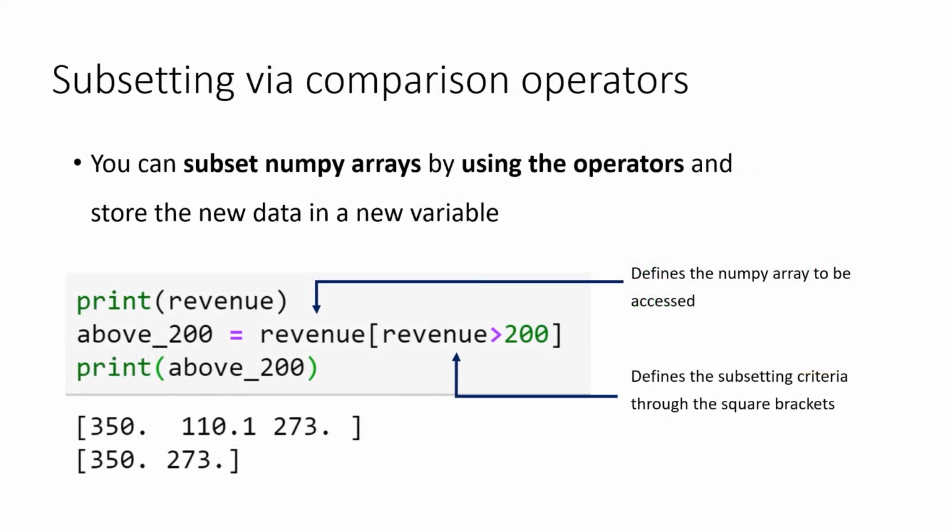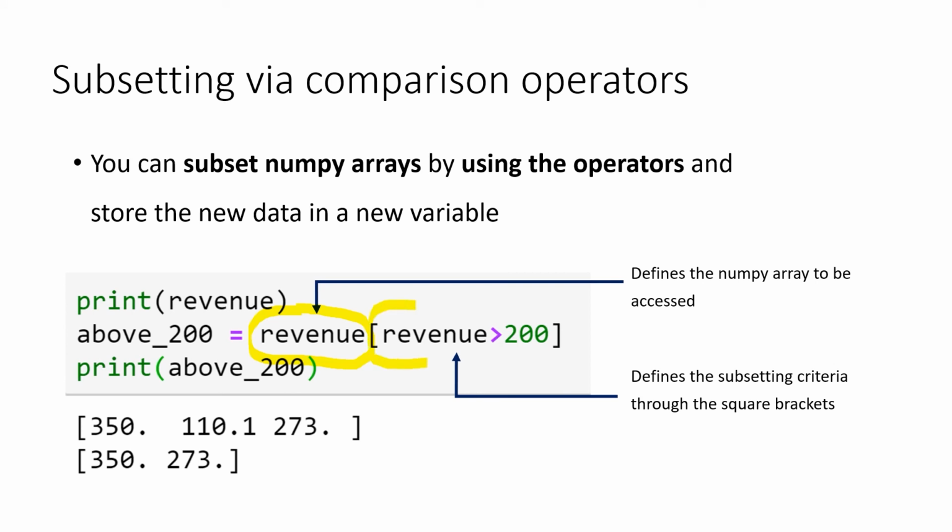Finally, what is very useful with NumPy is you can also subset via operators. So here in this example, we would like to store all elements in a new variable called above_200 that are values above 200. How do we do it? First, we access our NumPy array called revenue. After that, Python knows already, okay, we want to have something from the variable revenue.